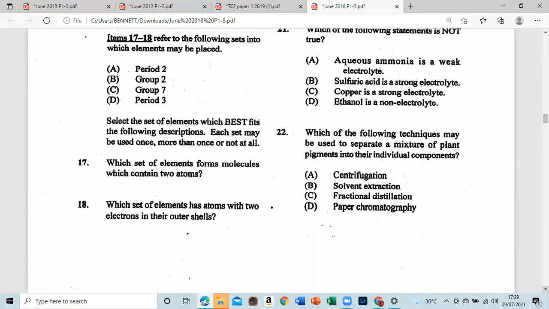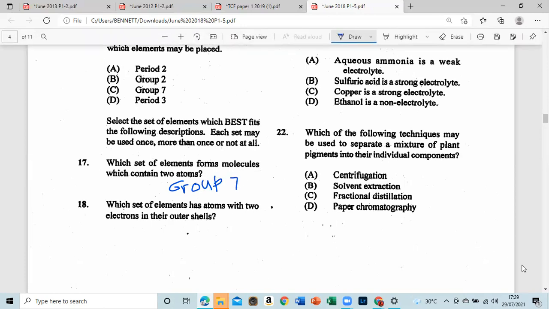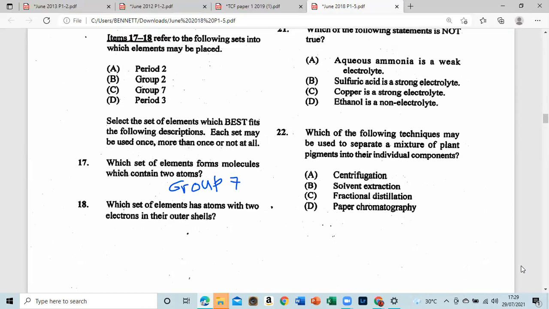So 17 is C, group 7. All right, number 18, which set of elements has atoms with 2 electrons in their outer shell?